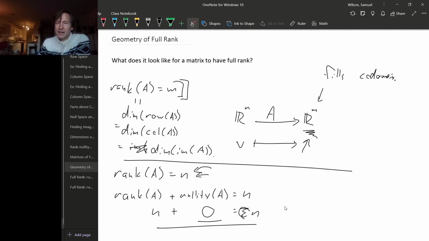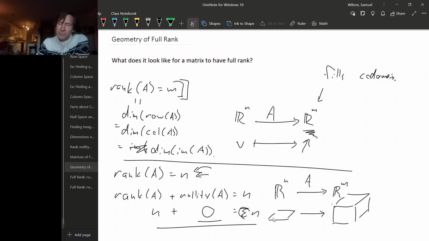And what does that look like? Well, in that case, A is a linear vector function from Rn to Rm. That means that whatever Euclidean space you're starting in, and Rm, I guess I'll draw as if it's three-dimensional, the nullity is 0. Remember, the nullity is sort of a measure of how many dimensions the linear vector function squashes down to nothing.